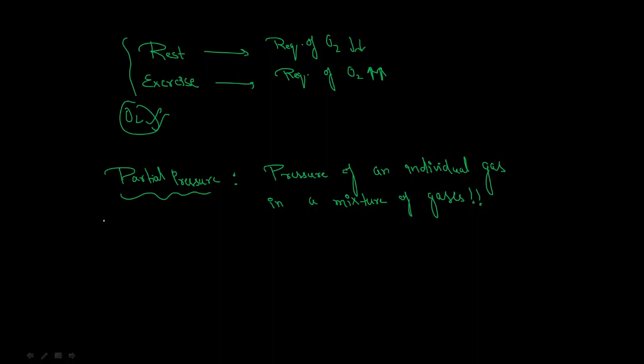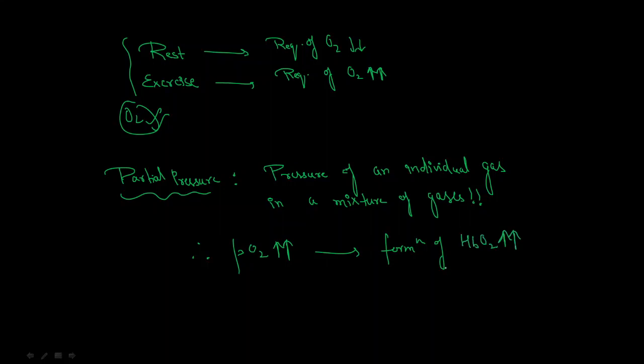So if I require the partial pressure of oxygen, I should know how much pressure of oxygen is there in a mixture of, or in the presence of, other gases. So can I say that if the partial pressure of oxygen is high, then the formation of oxyhemoglobin will also be high?